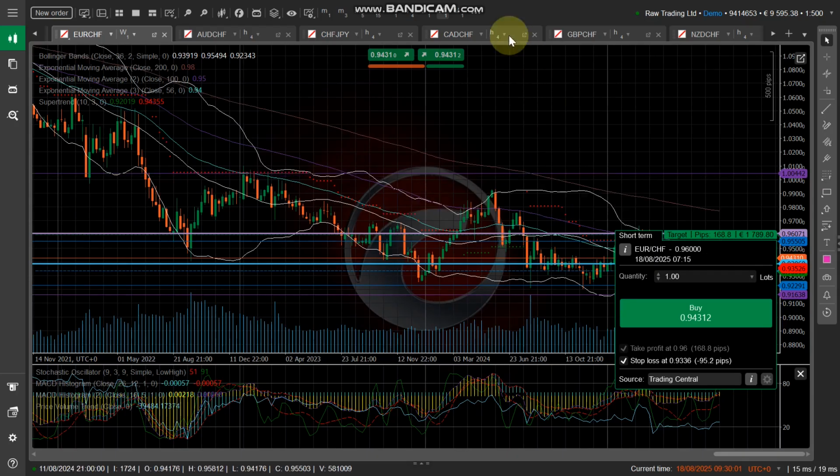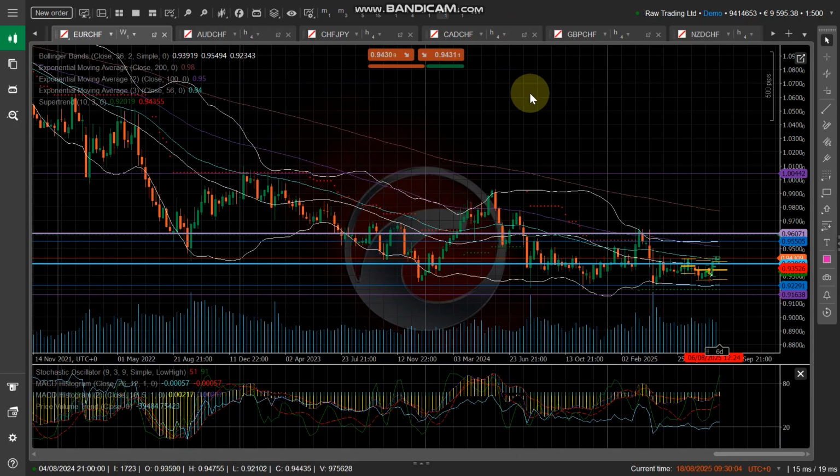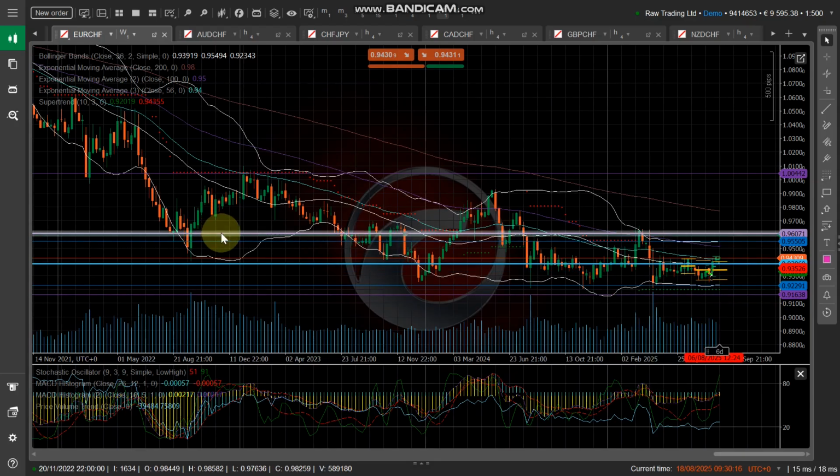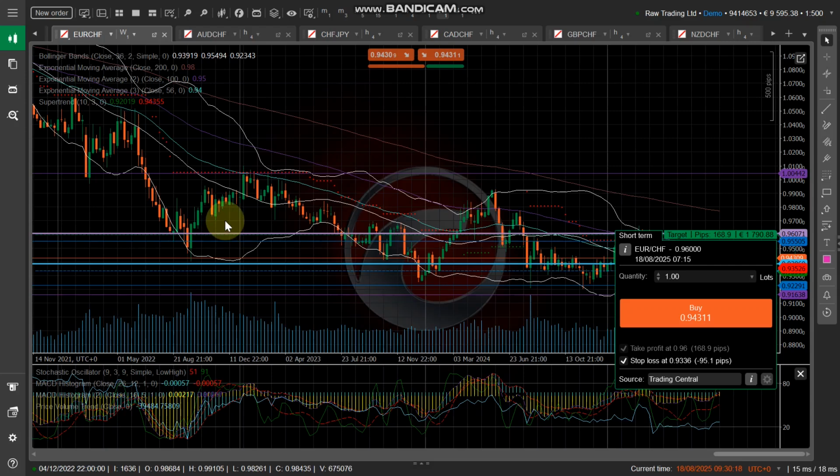This weekly need to show the direction. Right now is showing no direction. I would like the price to come up here in the midline of the monthly.